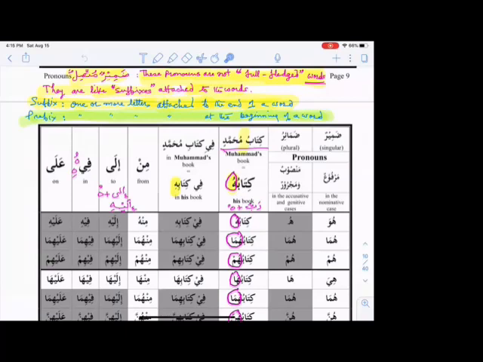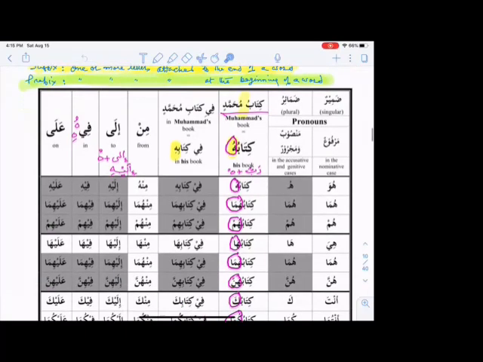Min, it's simple. All these pronouns, remember here, there is a shaded area, especially in this whom. They don't change, this changes slightly.